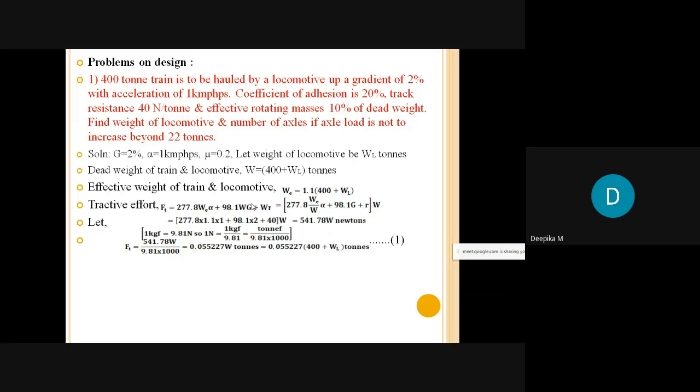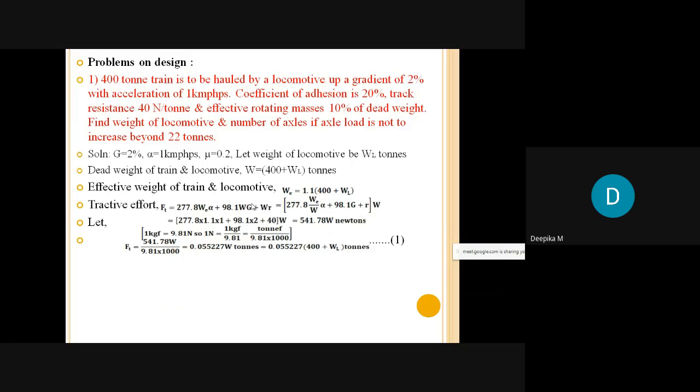Okay, so because I know here Ft, that is the tractive effort, I'll be converting into tons now. But also we know the coefficient of adhesion. So what is actually the definition? It will be defined as the ratio of tractive effort to slip the wheels to adhesive weight, correct?